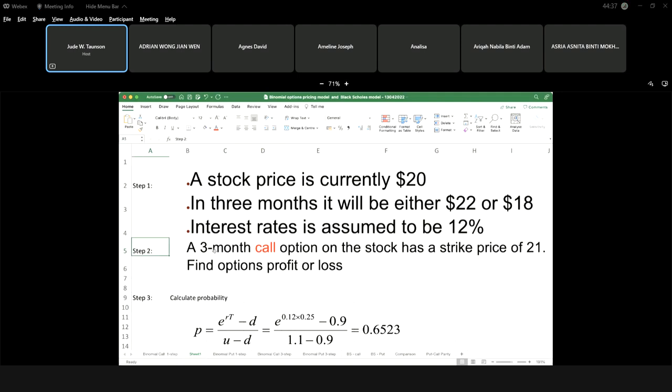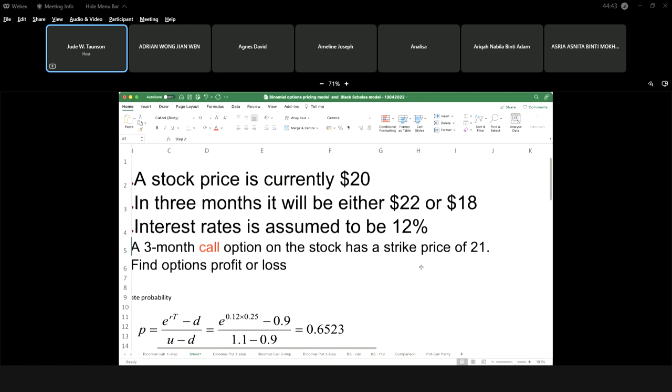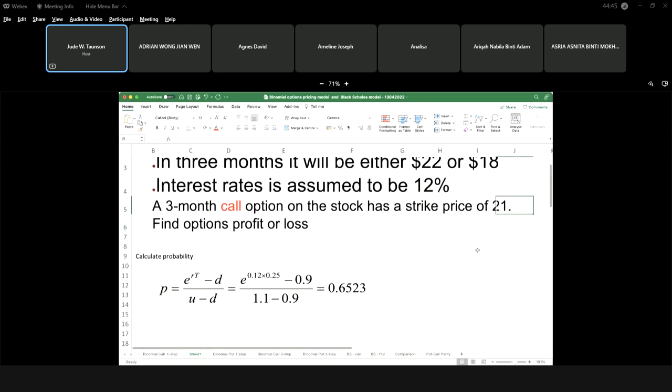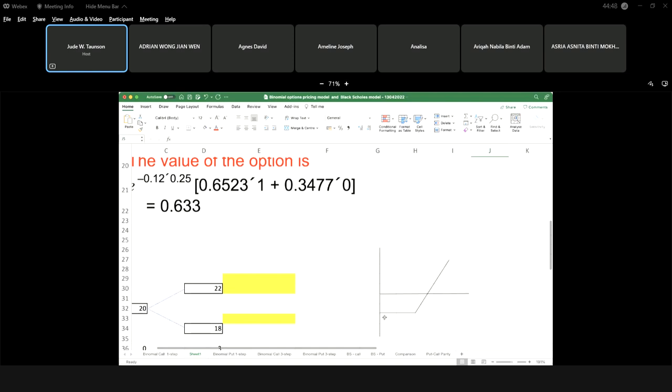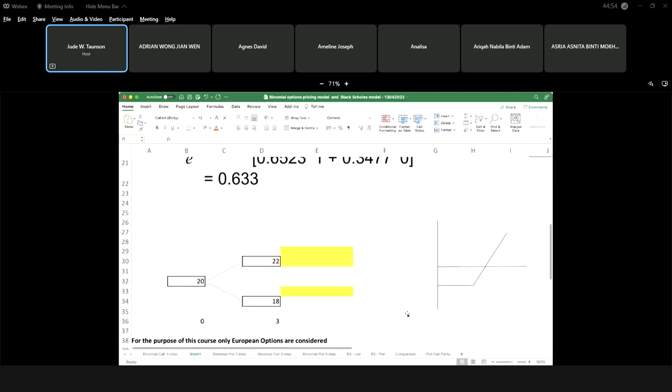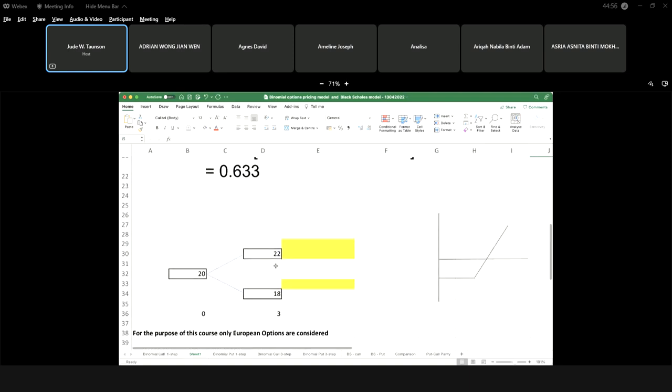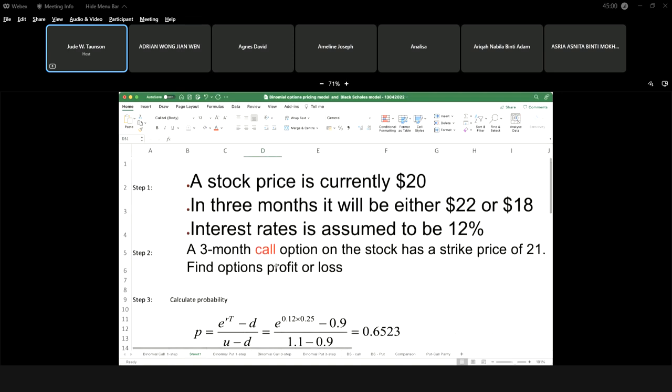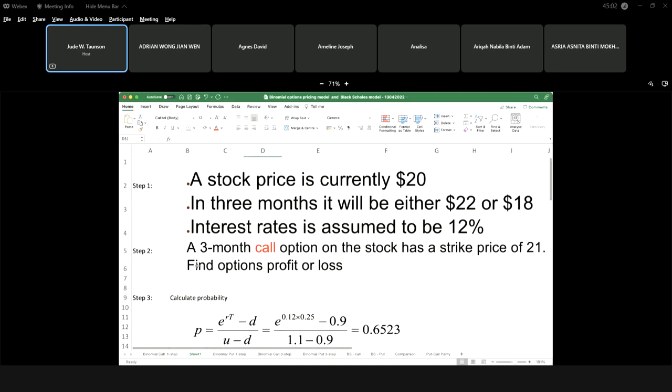The second step, number 2. Okay, this is a call option. The strike price is 21. Okay, call option looks like this. So you find the option profit or loss for the call option.